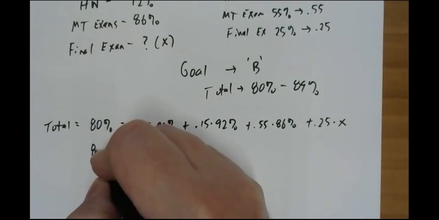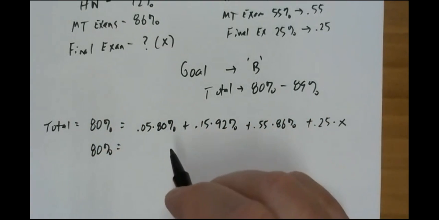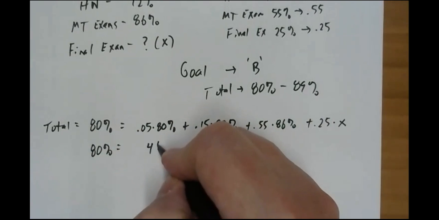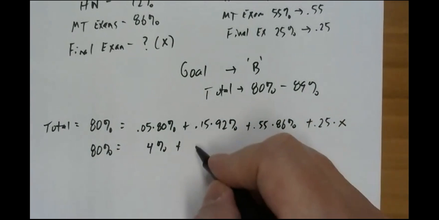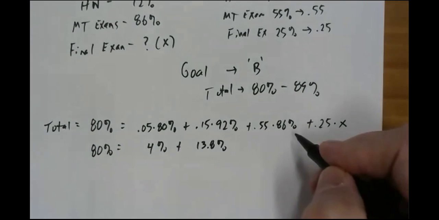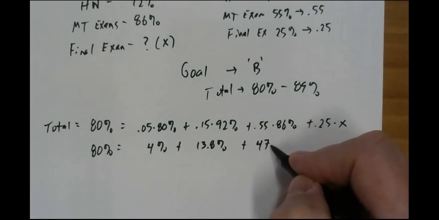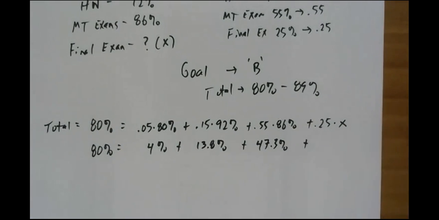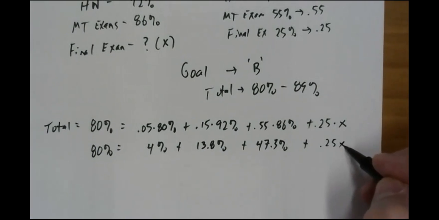Just to make it very clear, I'll multiply these out one at a time. Matter of fact, I've already done it. The quiz ended up being 4%. For the homework, it was 13.8%. For the midterm exam, it was 47.3%. For the final exam, I just have 0.25x.